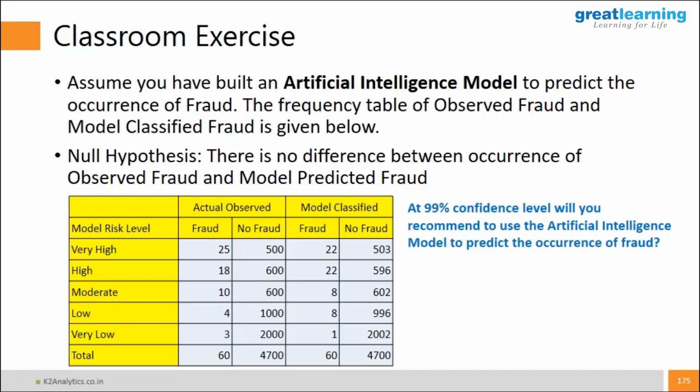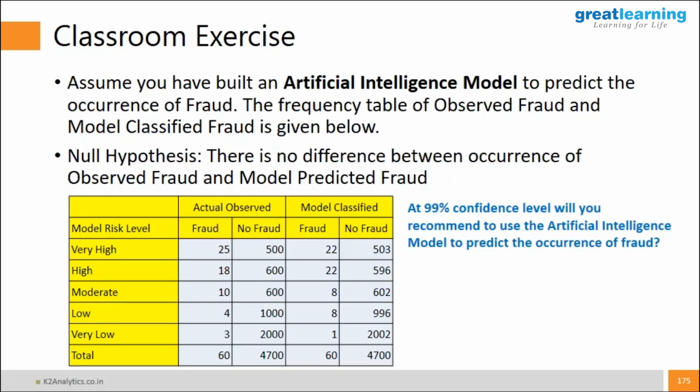To hold. So your objective is to see how good the model is fitting to the data. And that's why the test here is not to see association. The test here is to see goodness of fit. So this is called the goodness of fit test, where we can use a chi-square. So here I've just created a model that has given me very high, high, moderate, low, very low risk levels, 5 risk levels, and these are the actual frauds and no frauds.